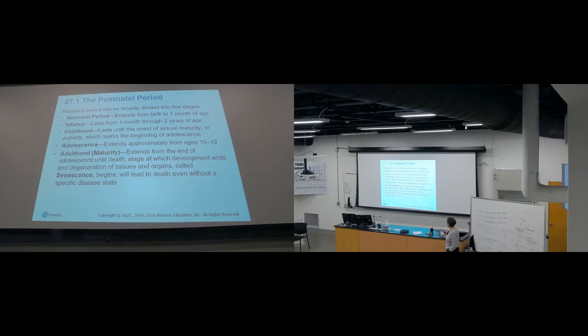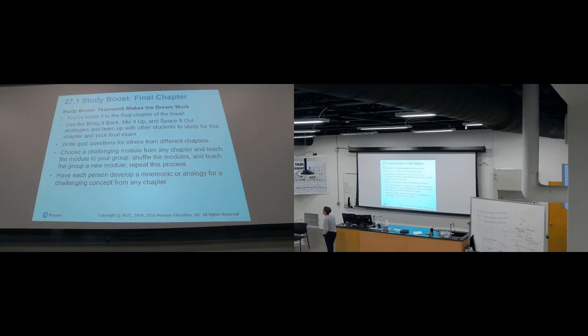And then during late adulthood, that's when you start seeing more degeneration of tissues and organs, because you have less hormones present that keep you youthful, like testosterone or even estrogens, of course, in the case of females.